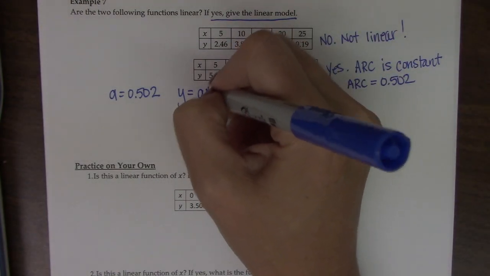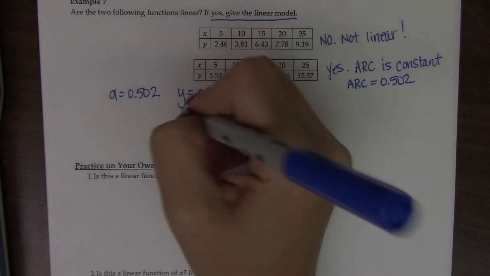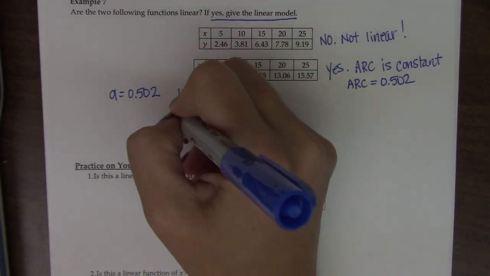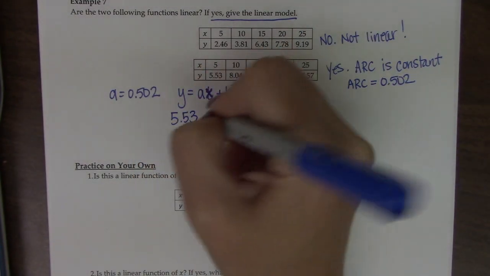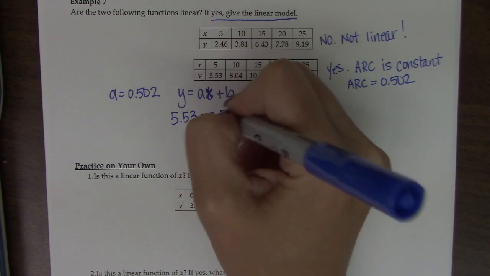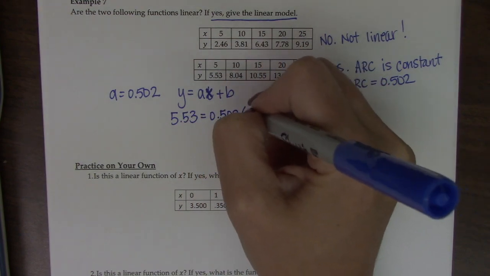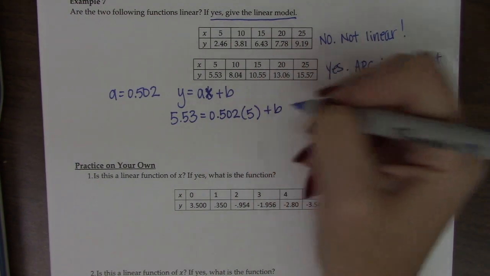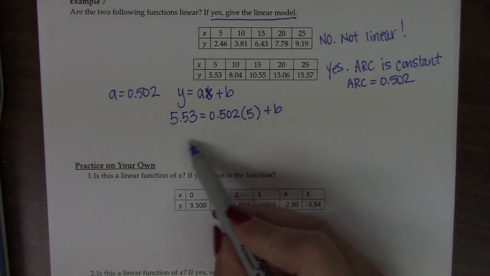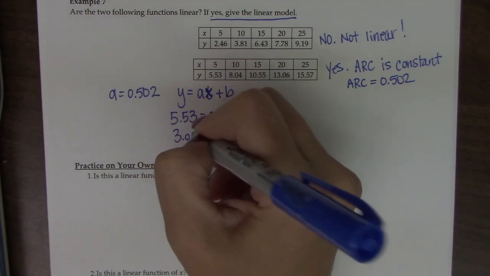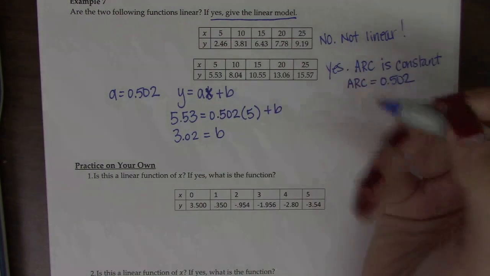I actually should probably call this x since these were x and y. So we can grab the first point here and say 5.53 has to equal 0.502 times 5 plus b. And when I subtract this, I get 3.02 equals b.